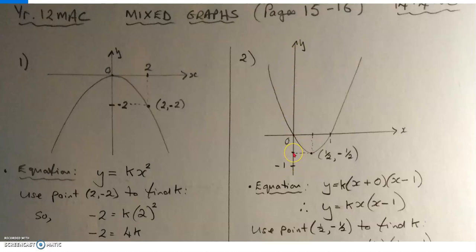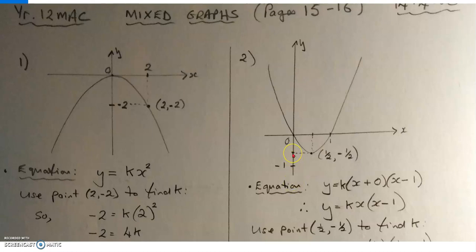Y's values only kick in from above negative a half. The y value can take the value of negative a half at that point there, but there are no bits of the graph for y values less than negative a half down here.